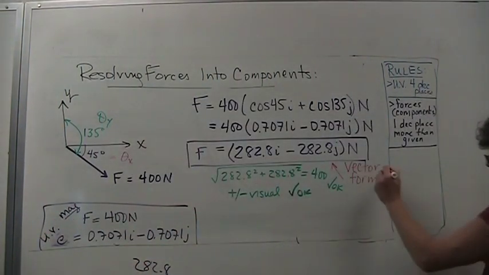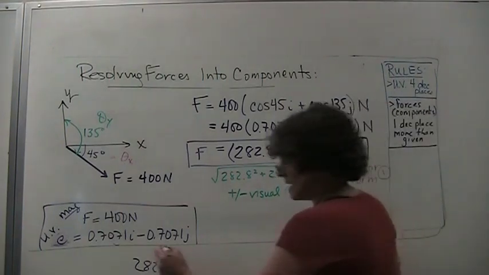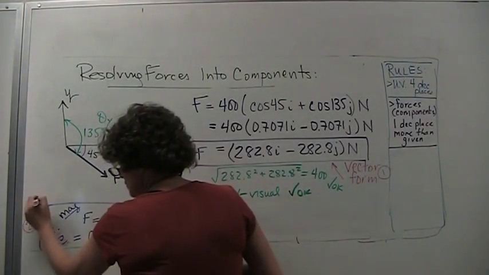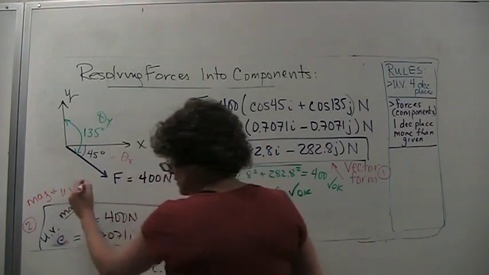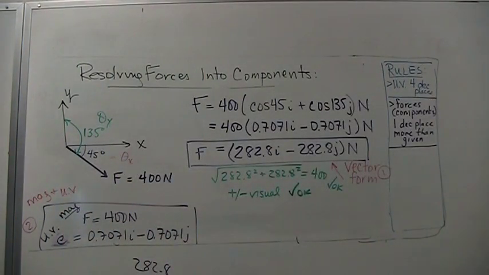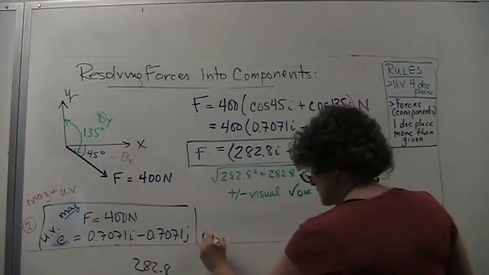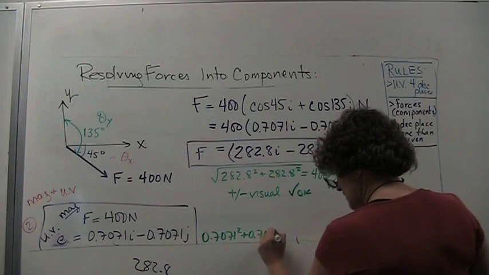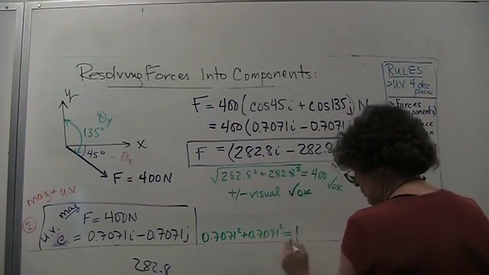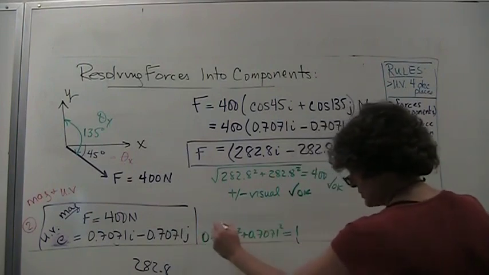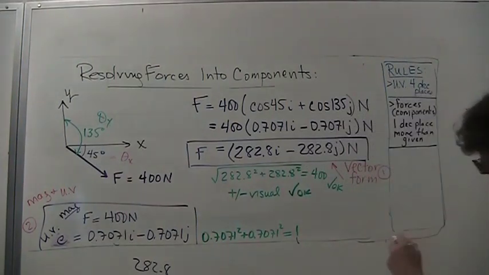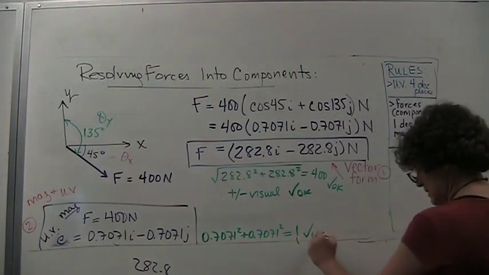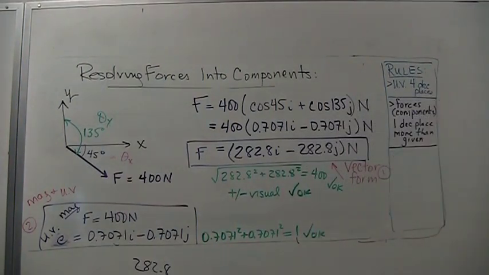The first form was in vector form. The second one is magnitude and unit vector. And how can we check our unit vector? Well, it's 0.7071 squared plus 0.7071 squared, and it should equal 1. Remember, you don't have to put the radical because 1 under the radical is 1.